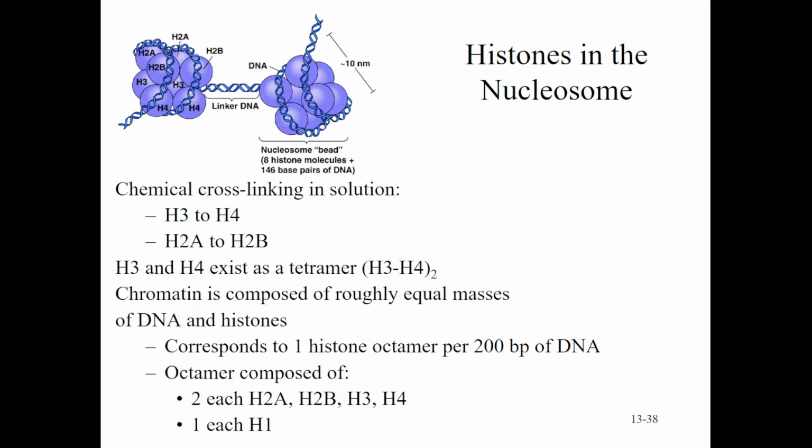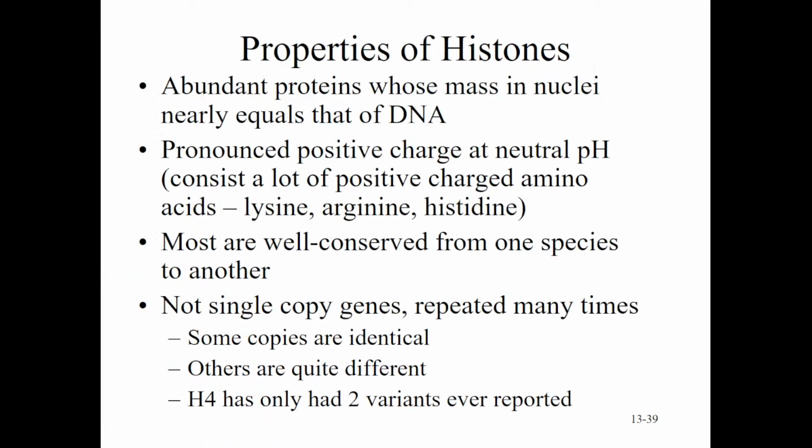Some details of the structure: 8 histone molecules. And you can see the properties of histones. Nearly half of the mass of the nucleus is provided by histones, very abundant structures, and they contain a lot of positively charged amino acids: lysine, arginine, histidine.